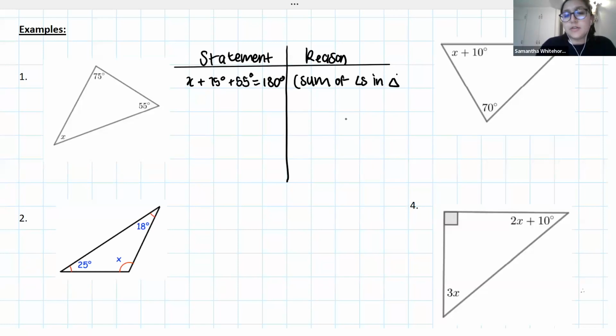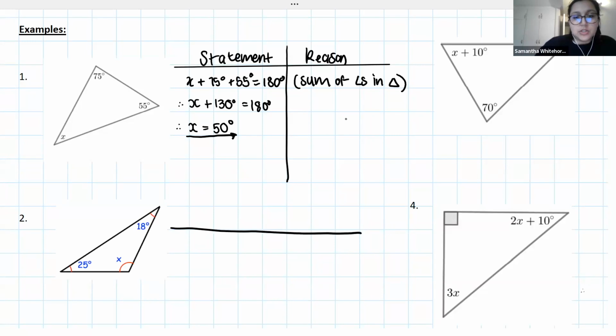If you use interior angles of a triangle or sum of interior angles, that's all fine, as long as your reason has come from me or from a teacher. I'm going to add 75 and 55 because they're like terms. That gives me x plus 130 is equal to 180, and so x is equal to 50 degrees in the first question.